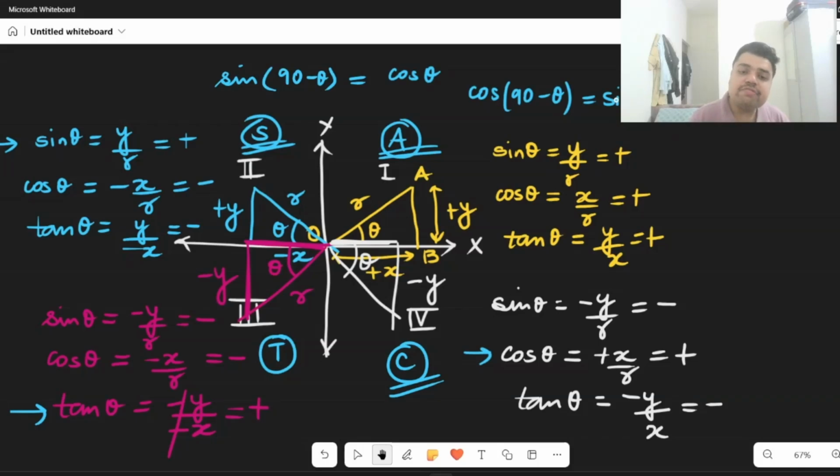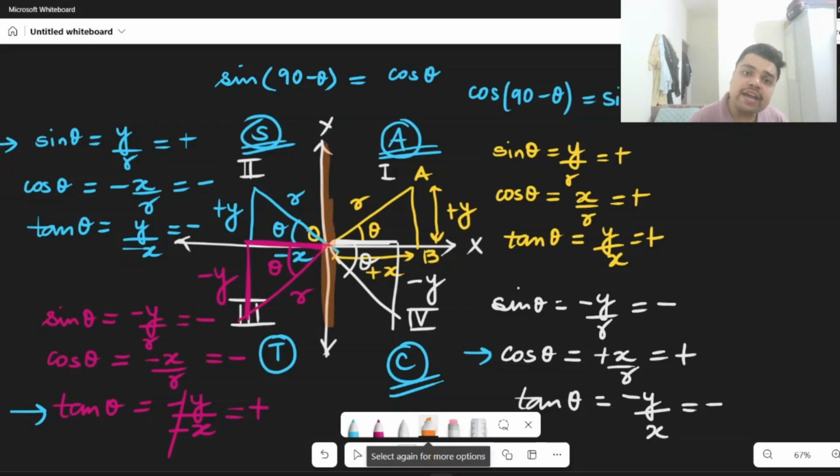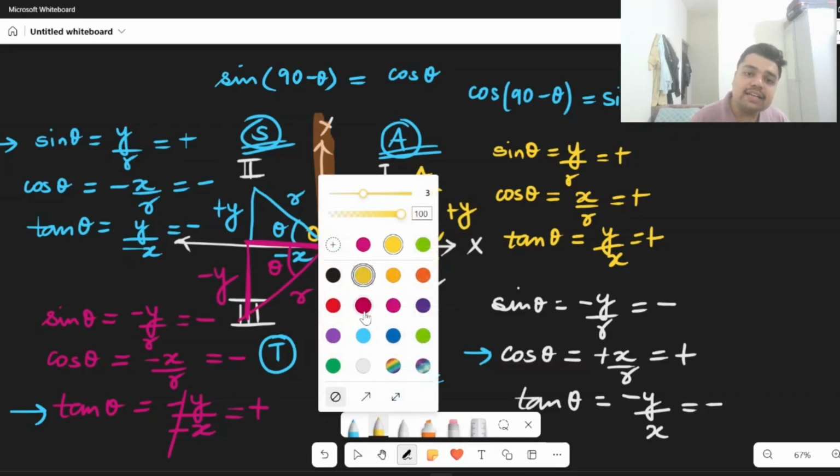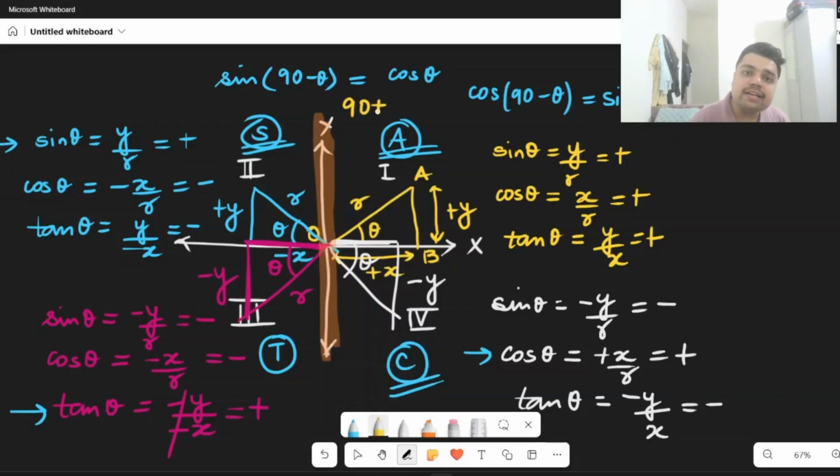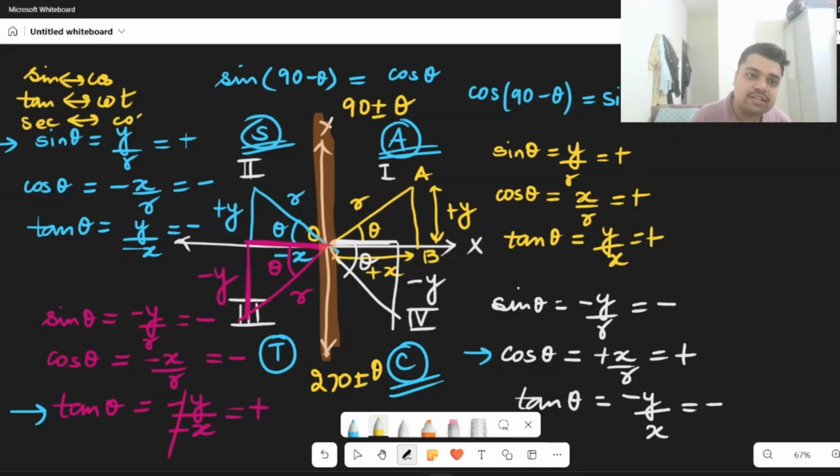Now see class, whenever we are comparing our angle with respect to the y-axis, meaning I can say any angle as 90 plus or minus theta or 270 plus or minus theta, I need to change my trigonometric ratio. Basically, in that scenario, I will convert sine into cos, cos into sine, tangent into cot, cot into tangent, secant into cosecant, and cosecant into secant, sorry.